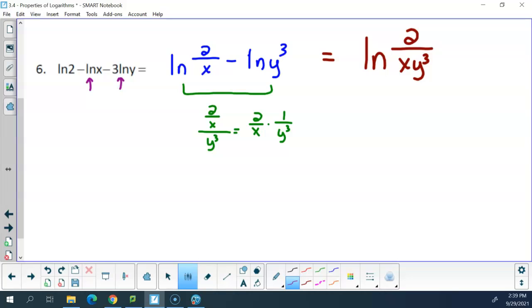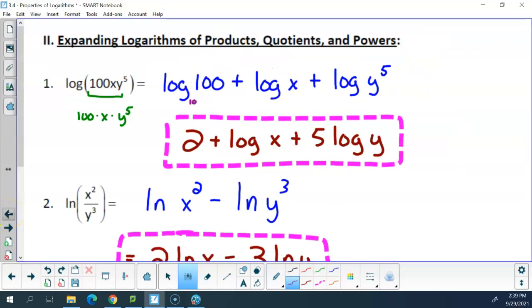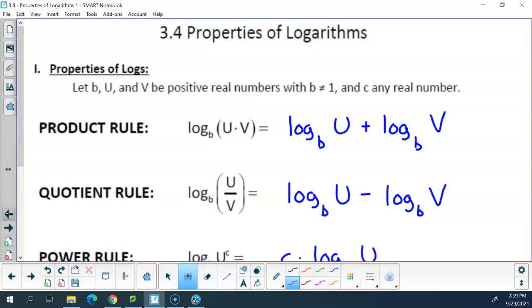Okay? Right? Yes, ma'am. So when I did it, I got natural log 2 over x minus 1, or y cubed. So why is it multiplication and not subtraction? Because in our rules, we have no adding and subtracting. Right, but I thought subtraction was equivalent to division.